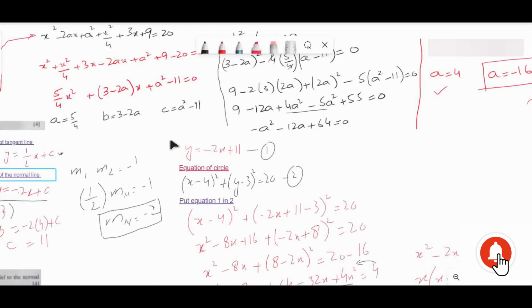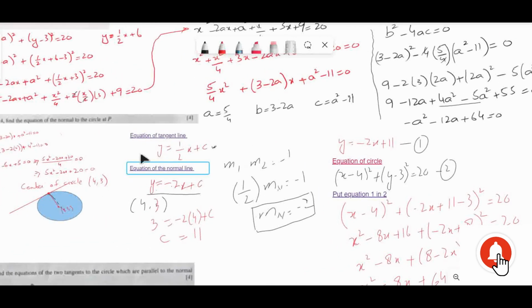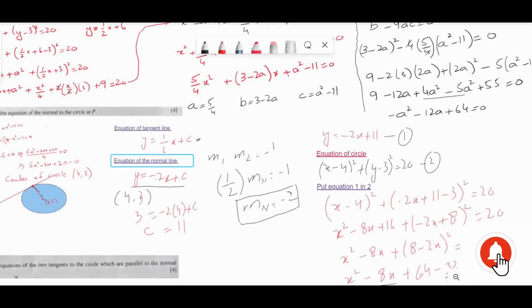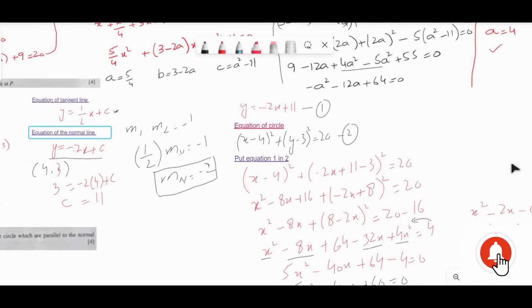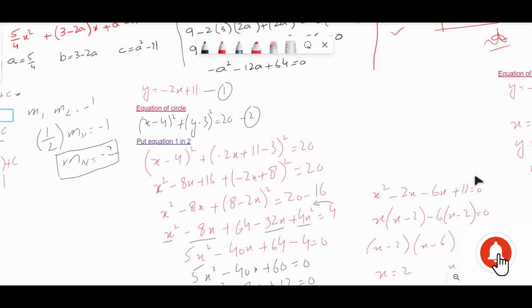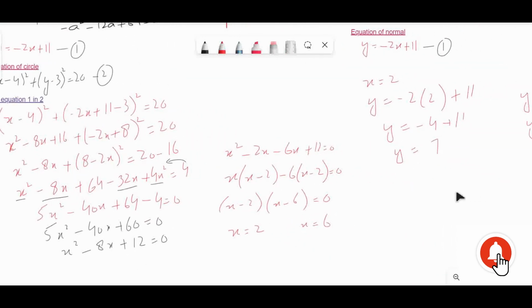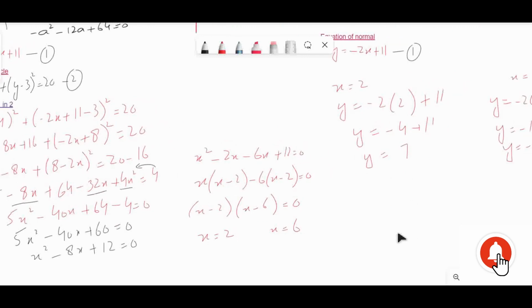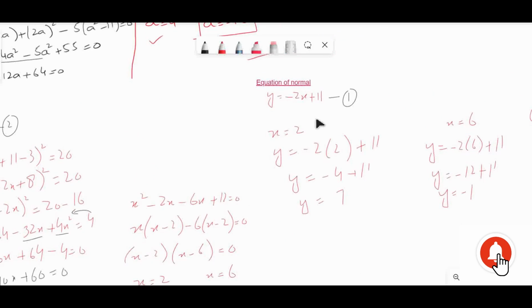Now this was the question: for a value of a equal to 4, find the equation of the normal to the circle at P. So this is the point P, so we can see that this will be the equation of the normal line, and these two will be the points of the normal. So now that is it. This will be the final answer. Y is equal to minus 2x plus 7. So this equation will be the equation of the normal line.